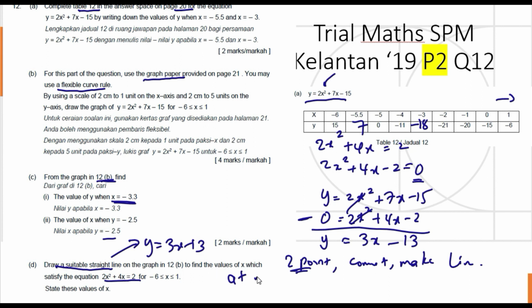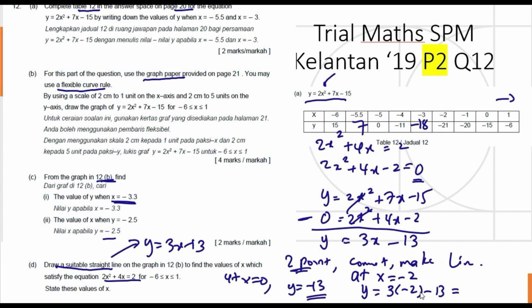So we can see here at x is equal to 0, y is equal to negative 13 because this is the y-intercept. And then you can take another point. At x is equal to negative 2, y is equal to 3 times negative 2 minus 13.